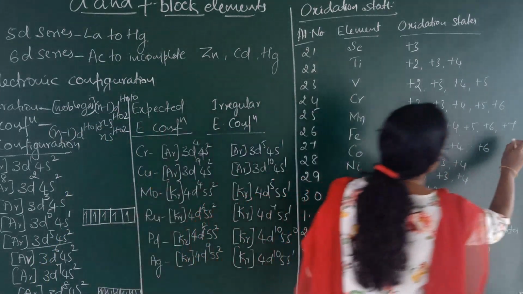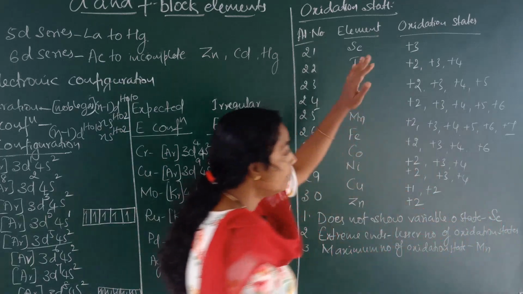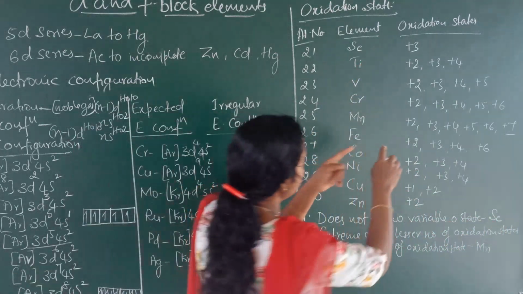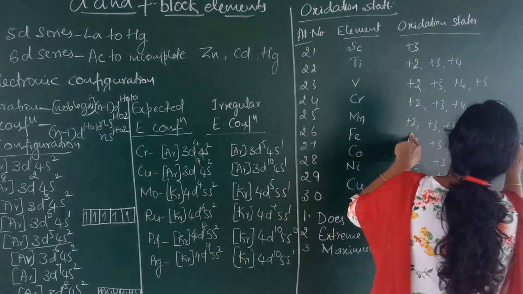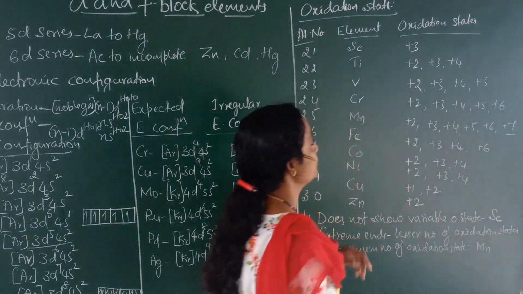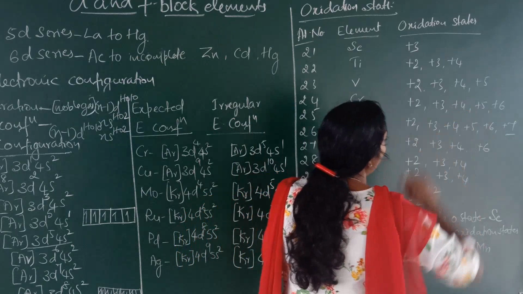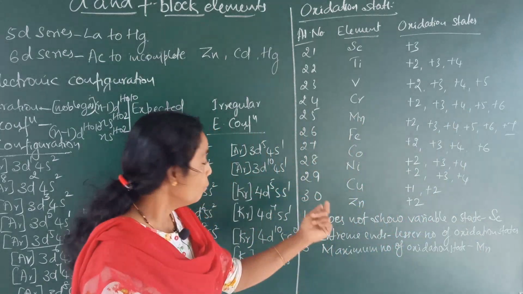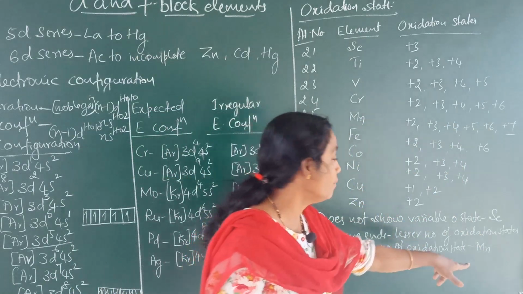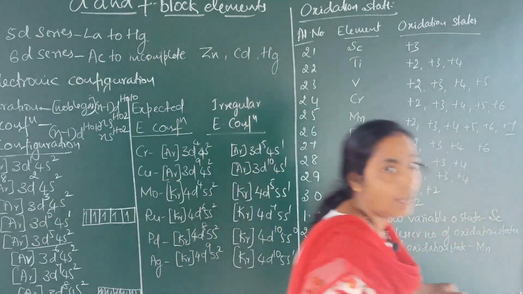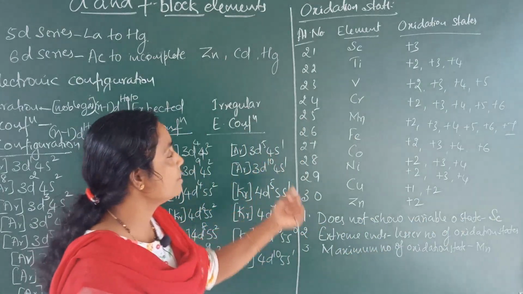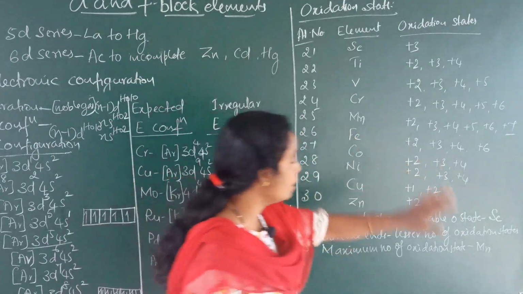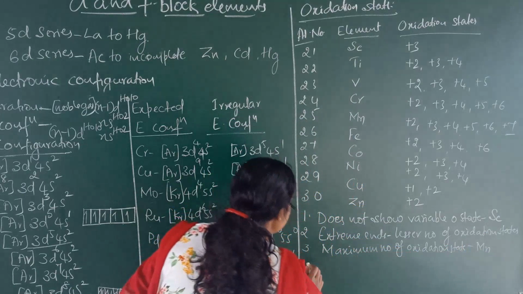See, manganese shows plus 7 oxidation state. Other elements will not show this plus 7 oxidation state. Manganese shows 6 oxidation states, chromium shows 5. Therefore, the 3D series element which shows the maximum number of oxidation states is manganese, and the maximum oxidation state shown by these 3D series elements is also manganese.